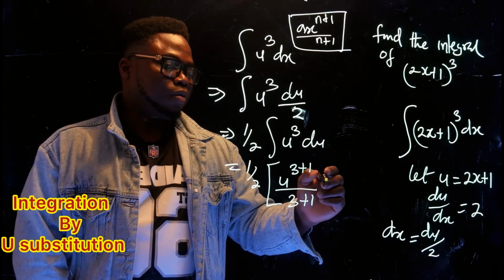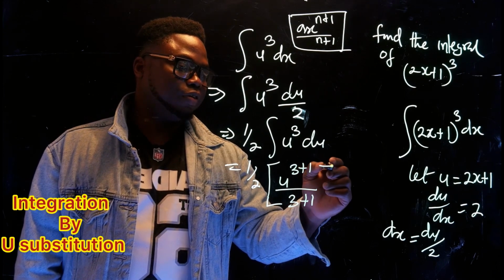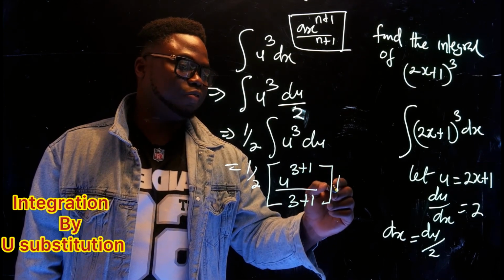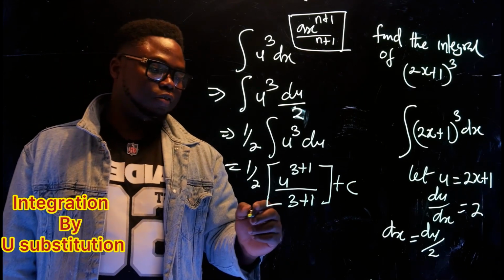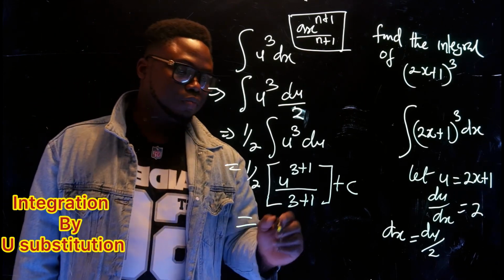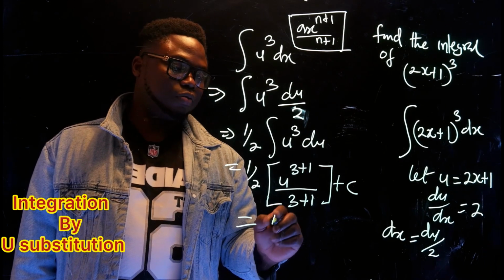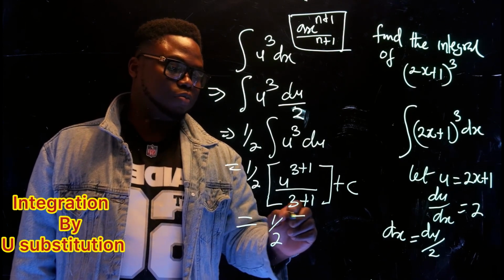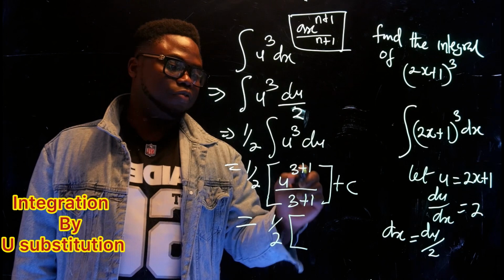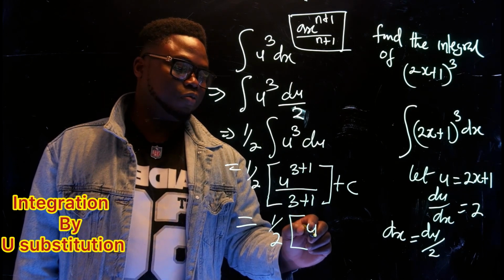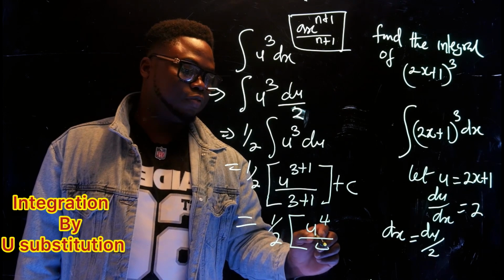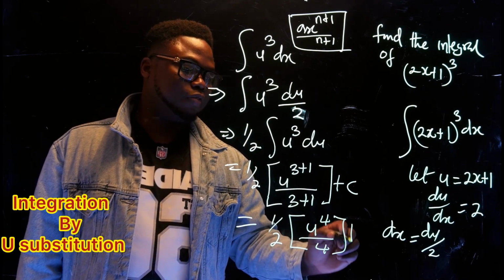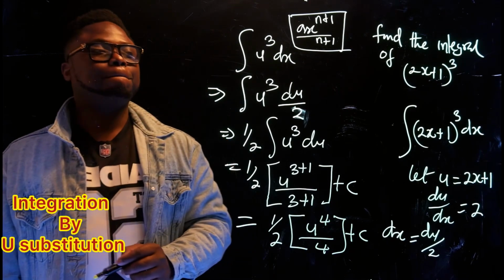Then plus integration constant. I'm going to put the constant of integration here. So this is the same thing as 1 over 2 bracket, u raised to the power of 3 plus 1 is going to give me u raised to the power of 4, divided by 3 plus 1 is 4, then plus integration constant.